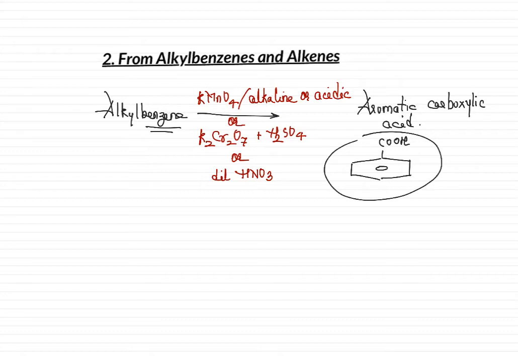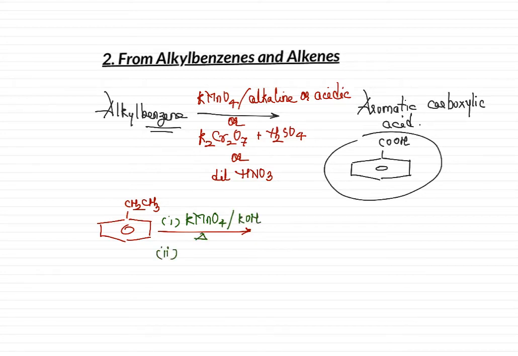For example, I can show you that. We start with ethyl benzene, and you have KMnO4 and KOH, heat, and you can have H plus towards the end. Now this would finally give you only one product, every time the same product gets formed, and that is benzoic acid.